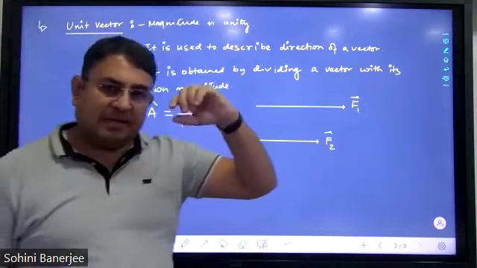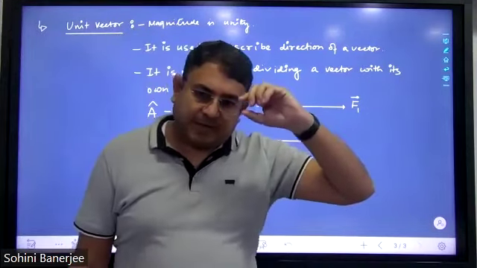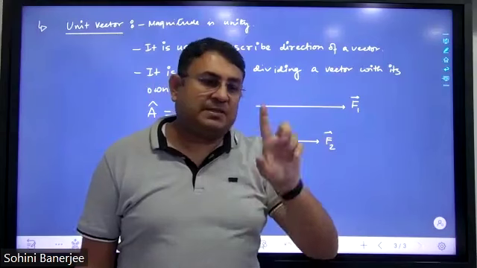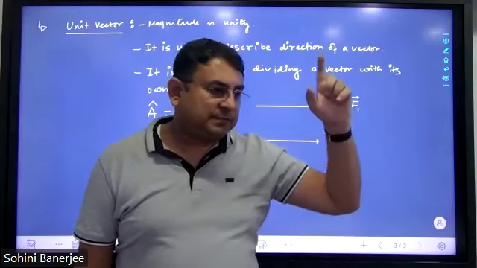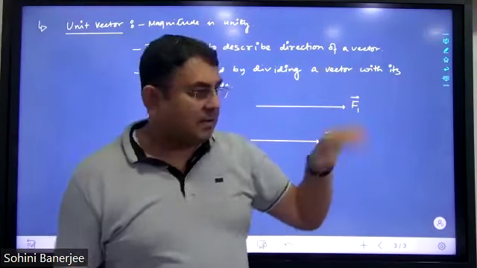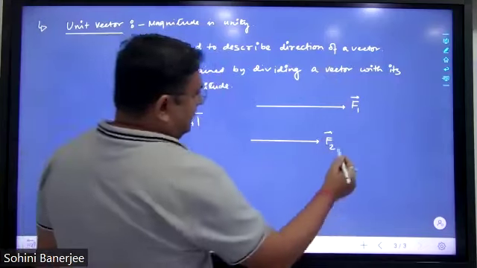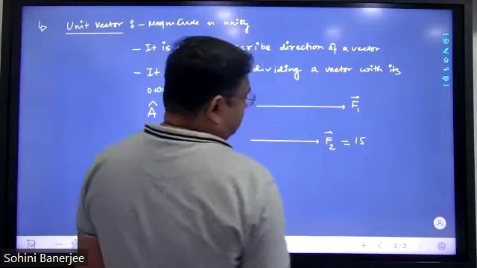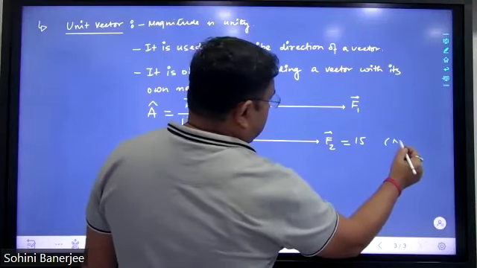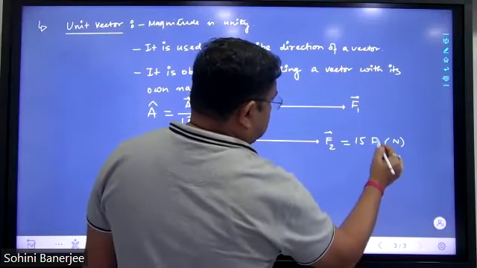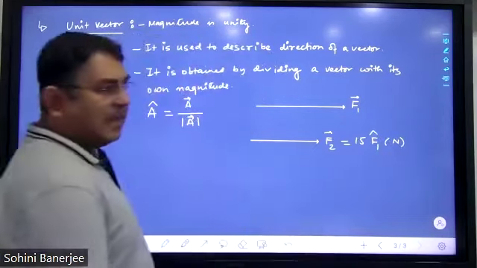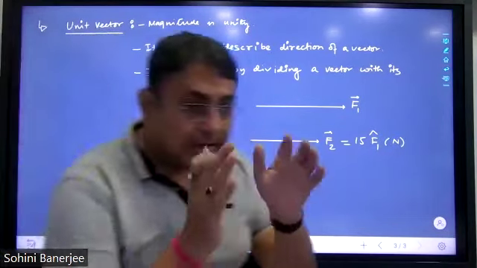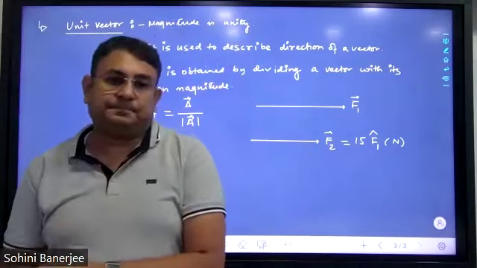So you say in language like this that the vector F2 is having the same direction that of F1. Now how to write it mathematically? F2 got some magnitude, say it is 15 Newton. And direction is along F1. So that along F1 is written as F1 cap.